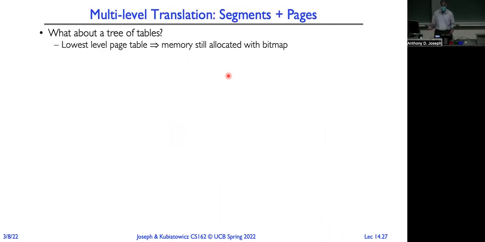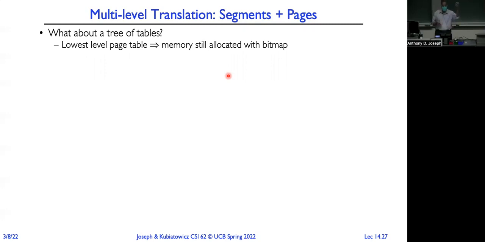Okay, let's look at another approach. So that was a tree of tables. Instead, we can try to combine the benefits we get from segments with the benefits we get from pages. The lowest level is going to be a page table in any tree-oriented structure. Why? Because of really simple allocation. We don't have to worry about external fragmentation.